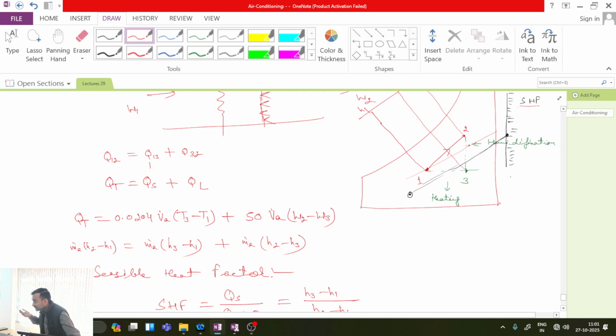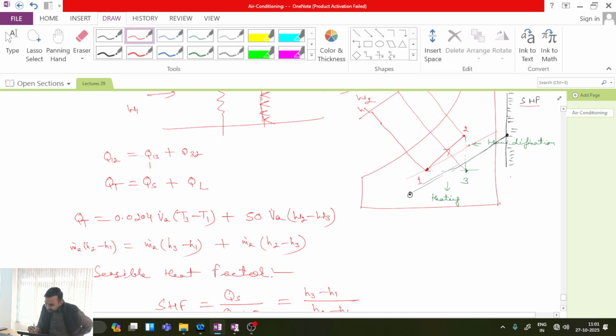So if for a process the value of sensible heat factor is given, then from that value and the alignment circle. What is the alignment circle? I have already specified to you. What are the values? 50% relative humidity, 1 bar pressure and 25 degrees Celsius. In some psychometric charts, instead of 25, it is 26.7 degrees Celsius.